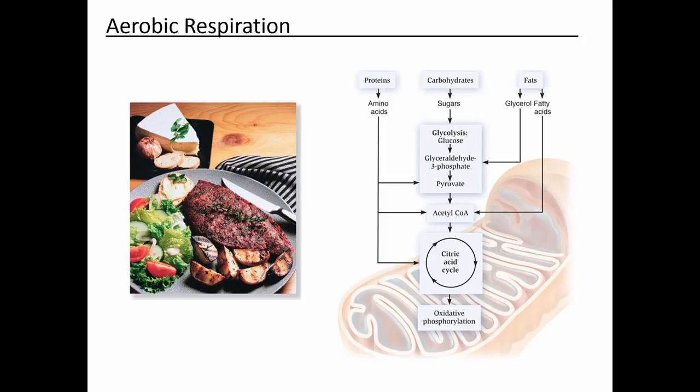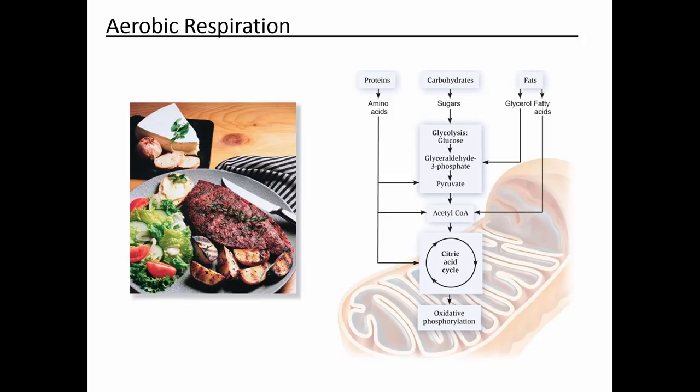And then in the Krebs cycle, you make another 2 ATP. And then in oxidative phosphorylation, you're going to make approximately 32 ATP. And oxidative phosphorylation is when chemiosmosis occurs. So the ATP that's produced during oxidative phosphorylation is going to be produced through chemiosmosis. And then the ATP that you produce during the Krebs cycle and glycolysis is produced through substrate level phosphorylation. Okay.